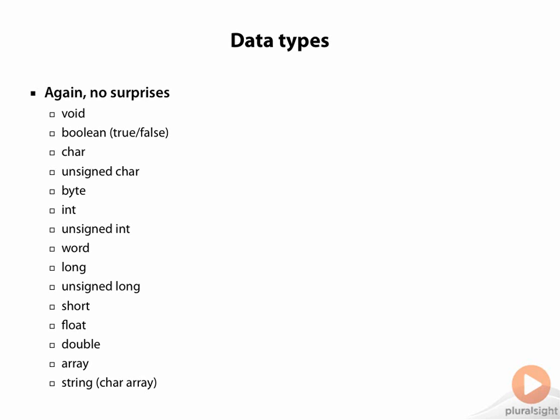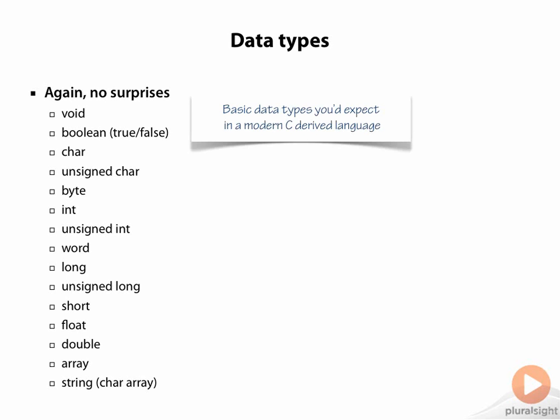Probably most programmers today don't follow that rule because we tend to have 32, 64-bit processors and large amounts of memory. Because of the size of the Arduino, if all you need is a byte, you should use a byte instead of an int. If all you need is an int, you should use an int instead of a long, etc. But this is pretty much the basic data types you'd expect from a C-derived language.